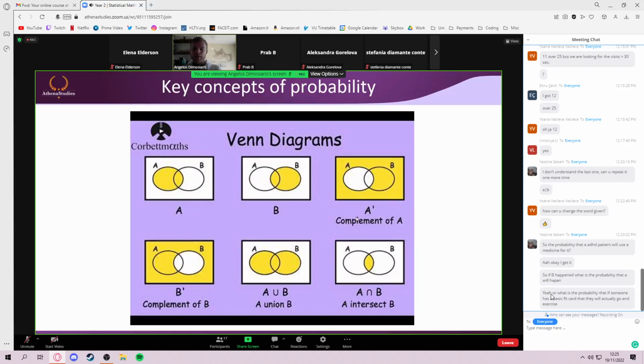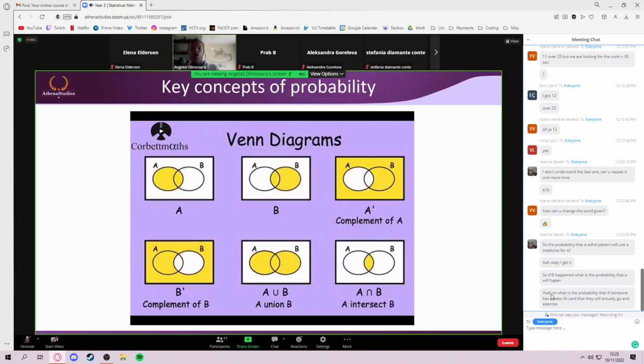Now, we can care about the complement of A, or I'm not quite sure how it is pronounced. In this case, what do we care about?